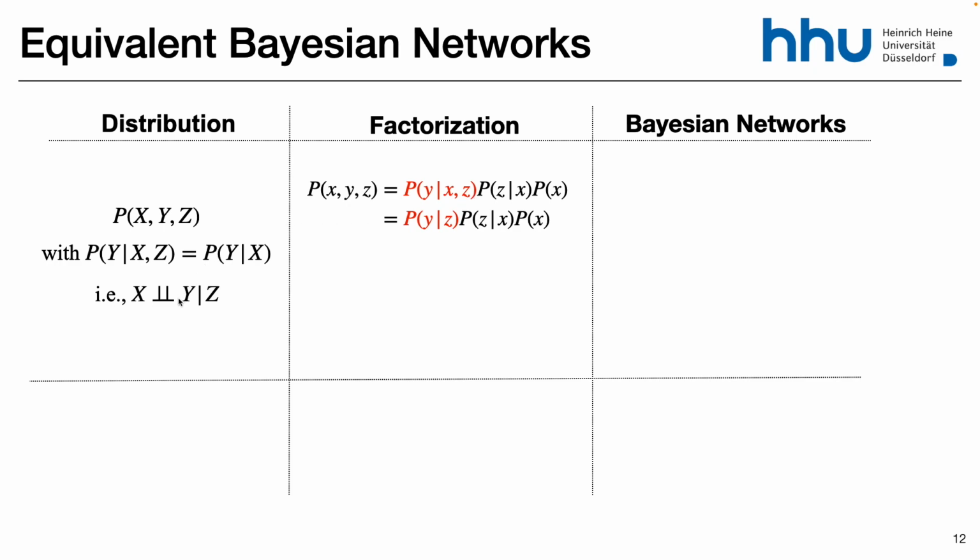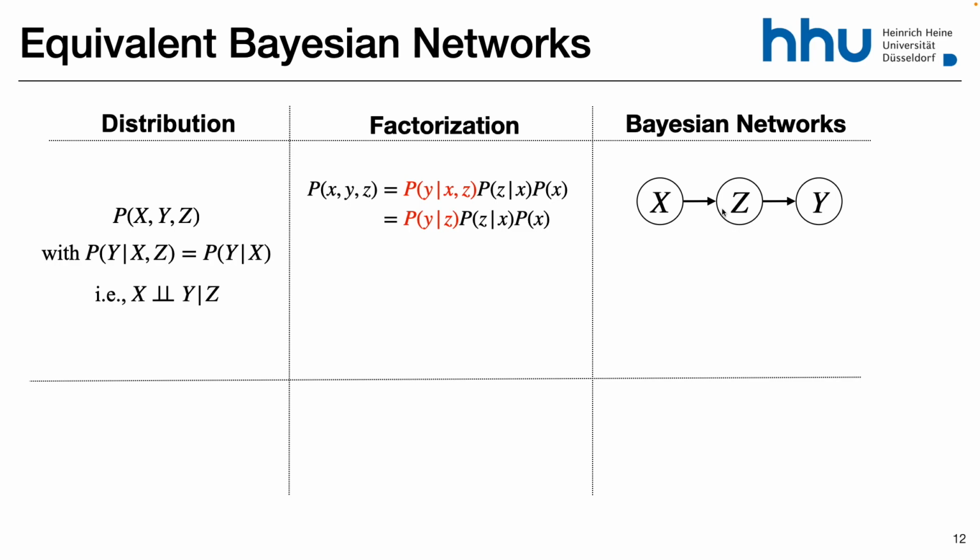I'm just telling you this. Then I have this Bayesian network representing it, because it's exactly this. So Z has X as the parent, as is shown here. X has no parent, and Y has Z as a parent.